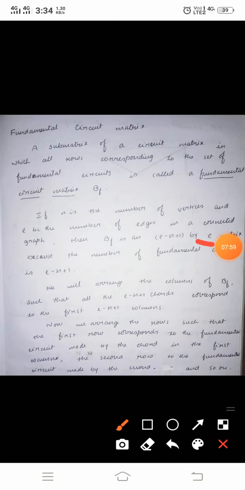So we get exactly E minus N plus 1 fundamental circuits. And if we have E edges in the connected graph, then the total number of columns is E.